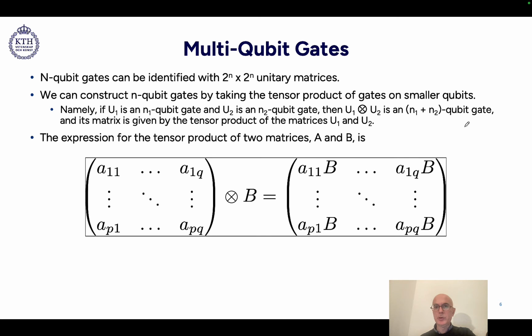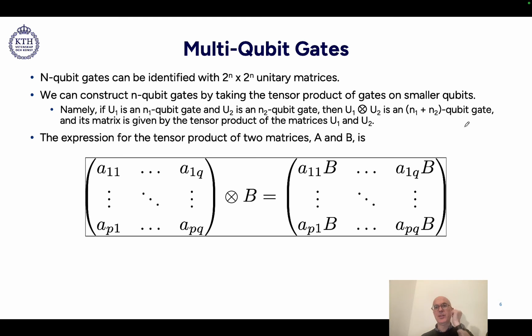Also, we have multi-qubit gates that are applied to n-qubit systems. In this case, the n-qubit gates can be identified with 2 to the n by 2 to the n unitary matrices. Then we can take these unitary matrices and multiply them by the input vector of our n-qubit system, whose length will be 2 to the n.